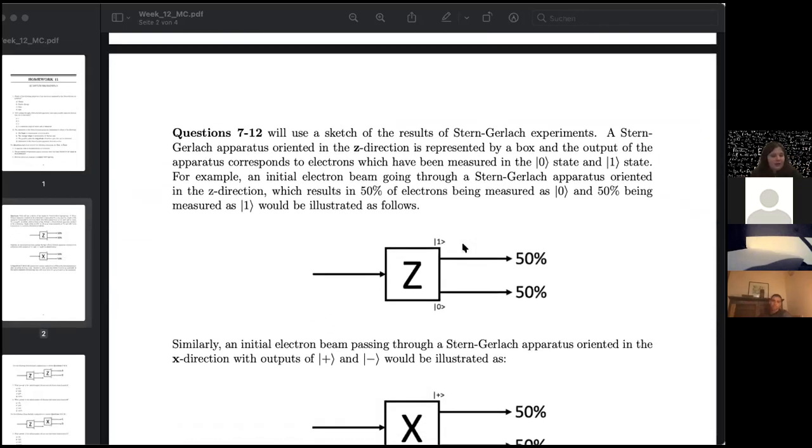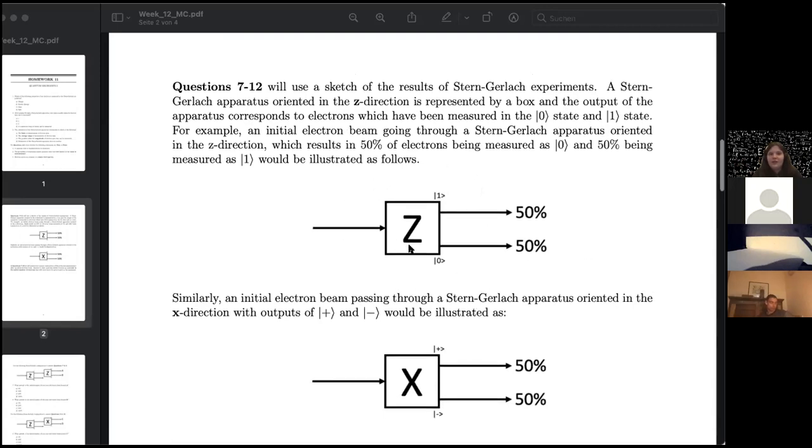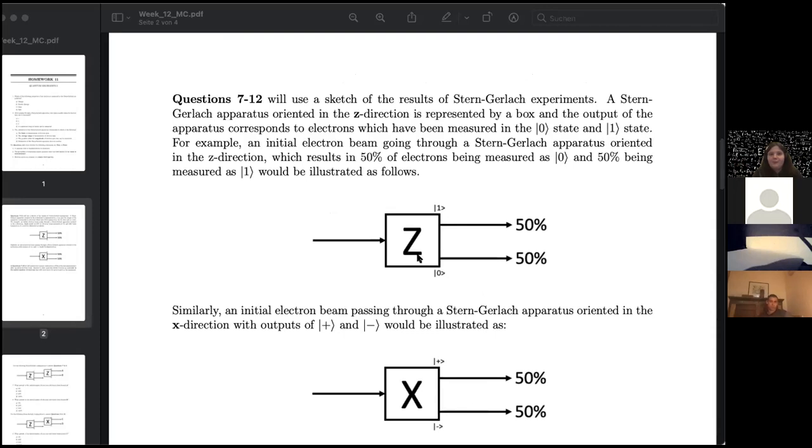Okay, and now we have these sketches of the results of the Stern-Gerlach experiments. Here the Stern-Gerlach apparatus is represented by this box.